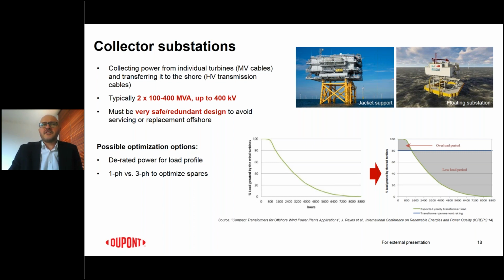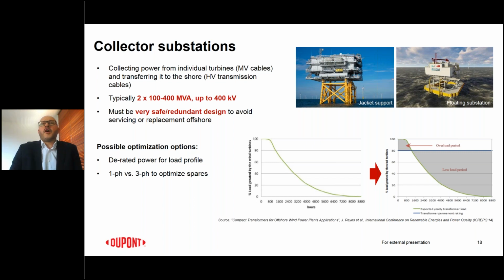When you see this interesting loading pattern during the year, it was only 10% of the year when the transformer was fully loaded, and for the rest of the year, almost half of the year, there was less than 20% of the load on this transformer.